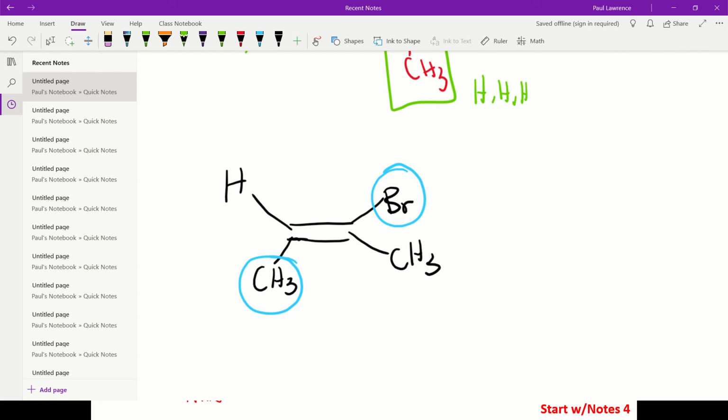Makes sense, right? But if we do this analysis again, what is the relationship between the methyl group on the left and the methyl group on the right? The relationship between those two groups is cis.